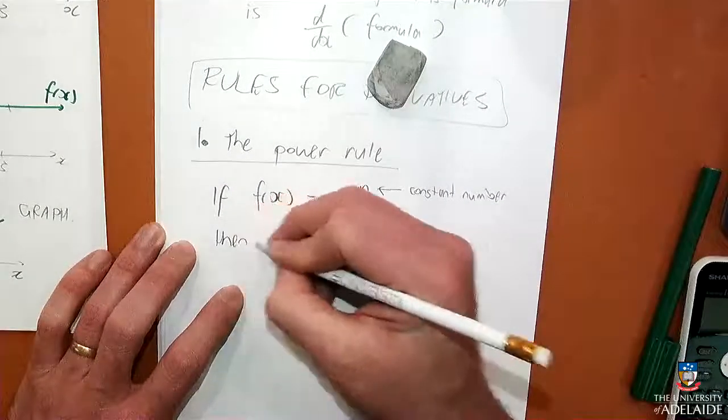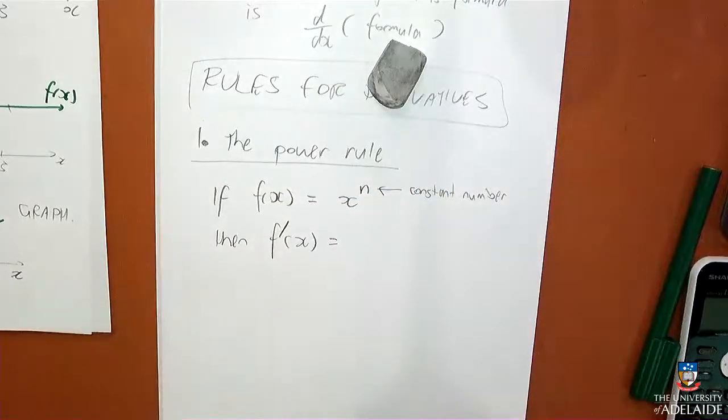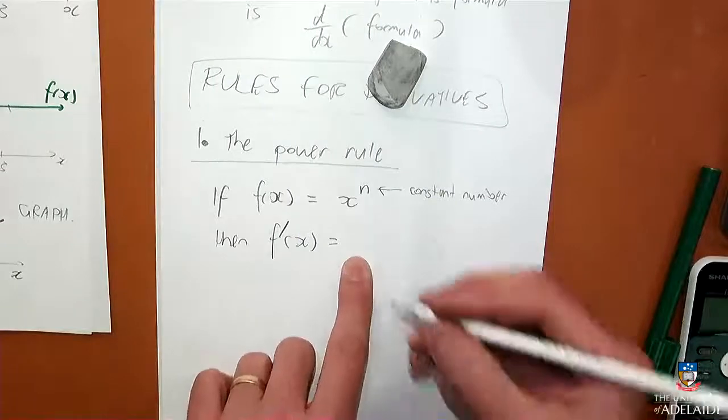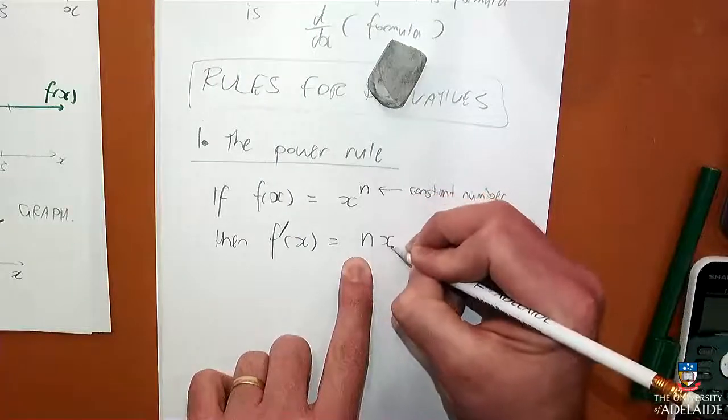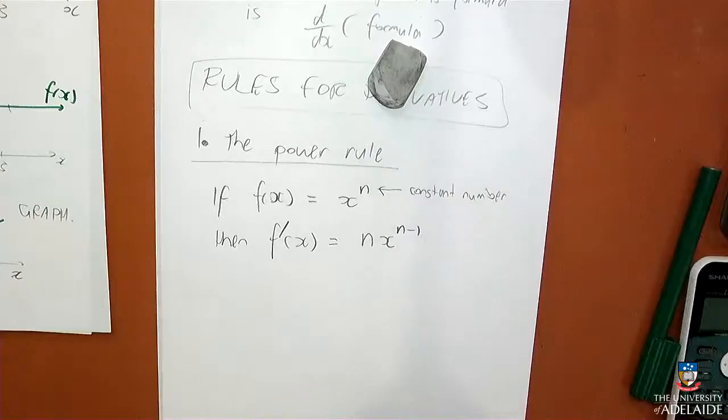Then f dashed of x, the derivative of f at x, is multiply by the current power and subtract 1 from the exponent. This is the power rule. It is the most fundamental rule, and it applies to anything that can be written as x to the number.